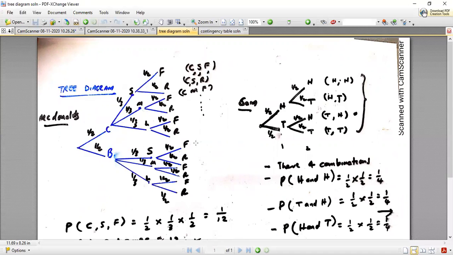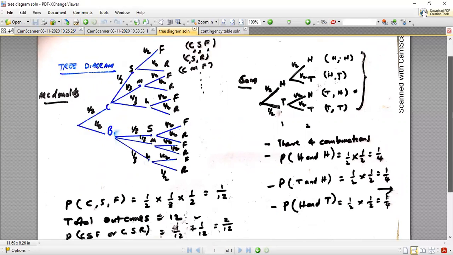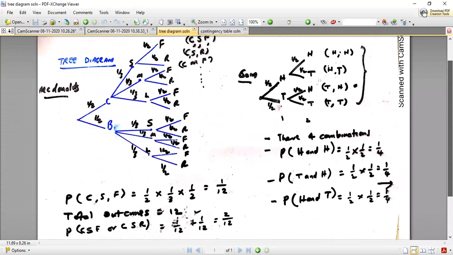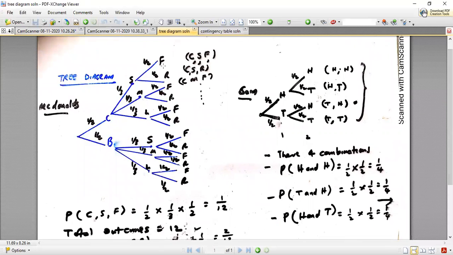And you would see that as you develop your combinations, John would have a total of 12 combinations for choosing from the menu. He has 12 possibilities of choosing from the menu.